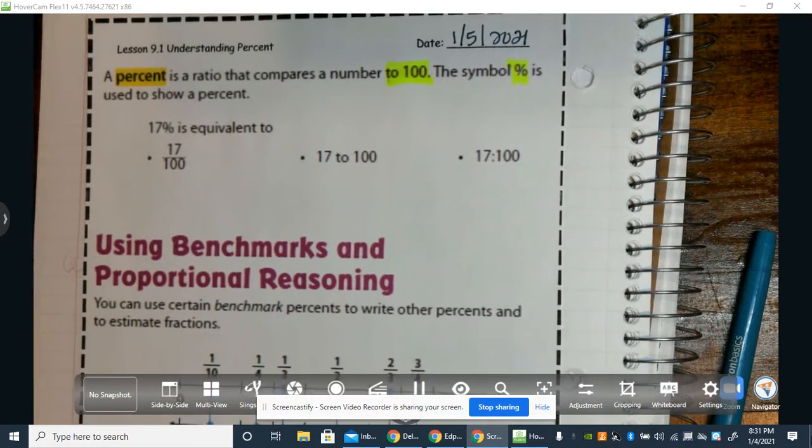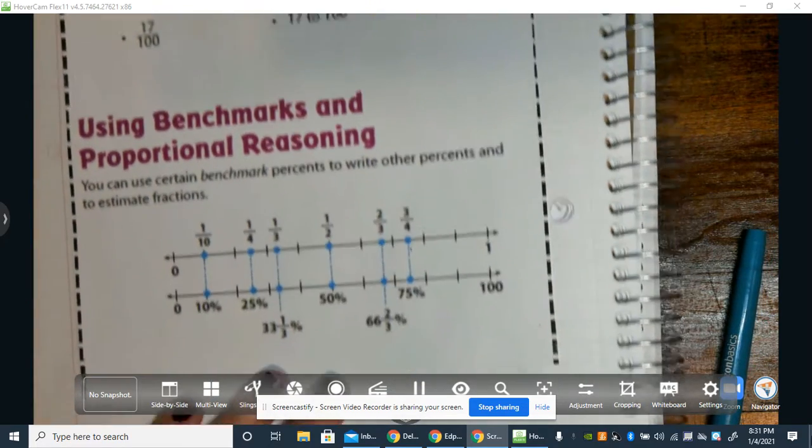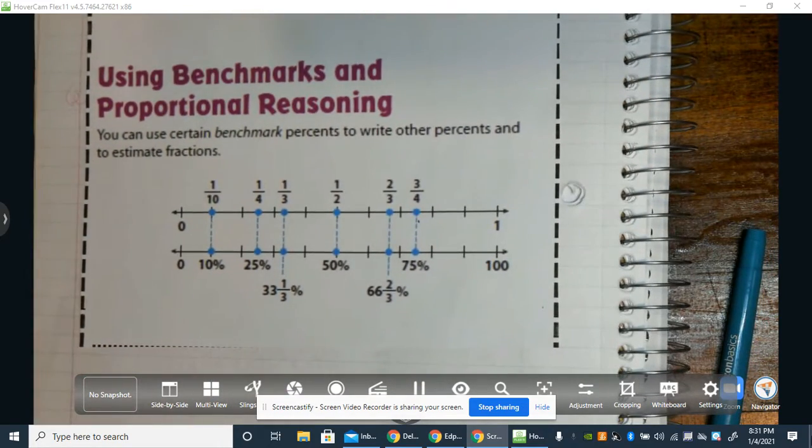So, using benchmark and proportional reasoning. Benchmark fractions are those fractions that you see most often. These are the ones that you'll see when you go shopping: percents off, percent savings, 10%, and interest rates are normally benchmark fractions, sometimes, maybe not.